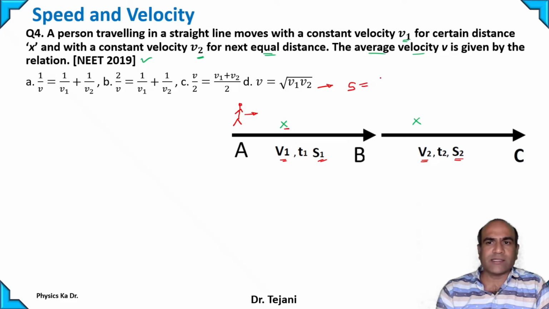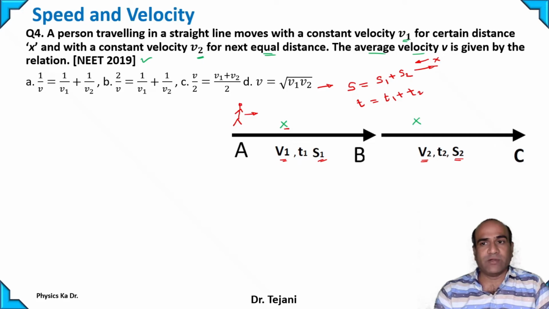Total distance s is always equal to s1 plus s2. Total time also becomes t1 plus t2. See, s1 plus s2 works only if the direction is the same. If it is the opposite direction, then it doesn't become s1 plus s2, especially for velocity, right?